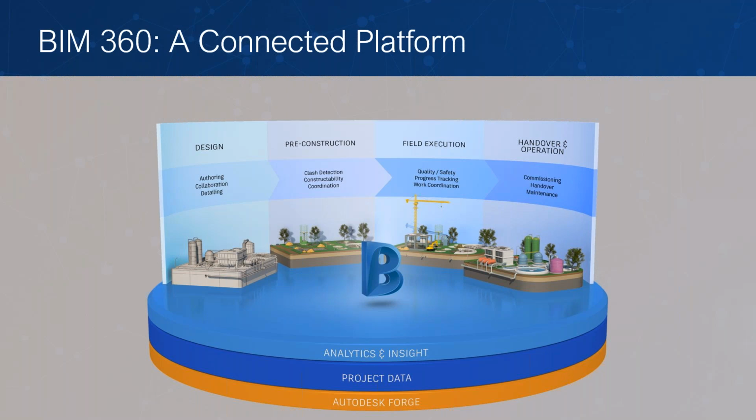It could move from the very first stage of design, where you are using authoring tools like Revit, Plant 3D, Civil 3D, and all your stakeholders are working on different modules of these tools and trying to collaborate. So BIM 360 can collaborate with any of these three native applications.